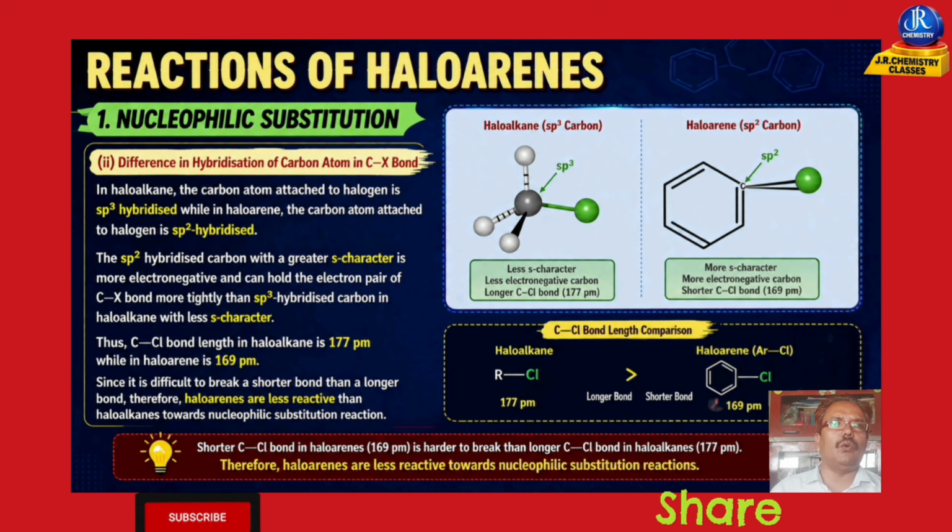Thus, carbon-chlorine bond length in haloalkane is 177 picometer, while in haloarene it is 169 picometer. Since it is difficult to break a shorter bond than a longer bond, haloarenes are less reactive than haloalkanes towards nucleophilic substitution reaction.